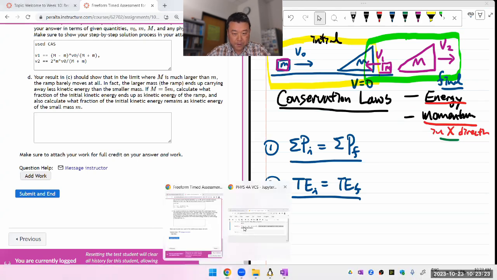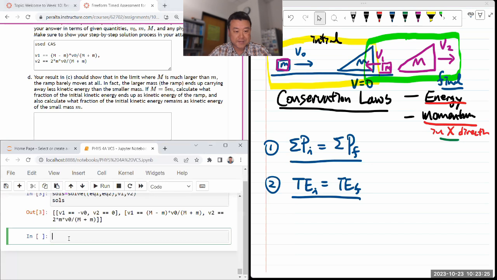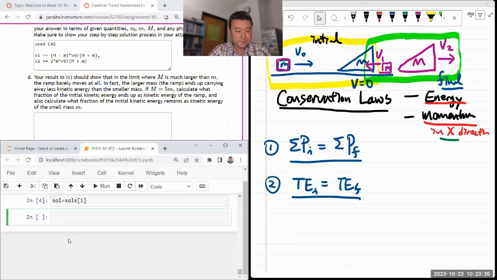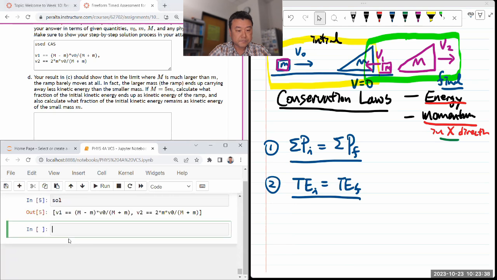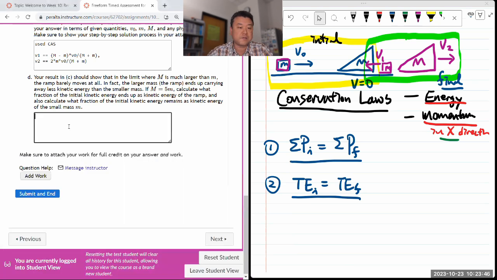So this is actually one benefit of using a computer algebra system. I can get my solution from the second element, and I can plug in the numbers. So it says calculate what fraction of initial kinetic energy.